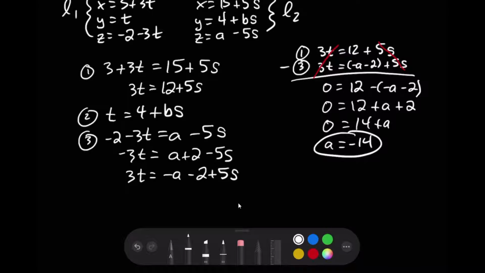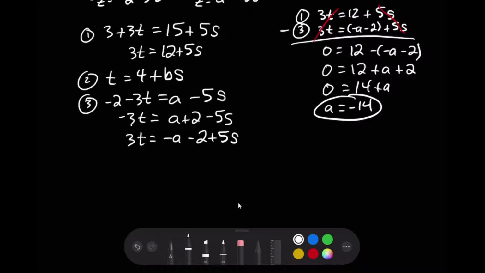All right, now that I know my a value, I want to find my b value. I could find that by substituting this value into one of my equations. Actually, I can't do that this time, but we can use elimination again to solve for b. So I'm going to look at equations 1 and 2. Equation 1: 3t equals 12 plus 5s. Equation 2: t equals 4 plus bs.